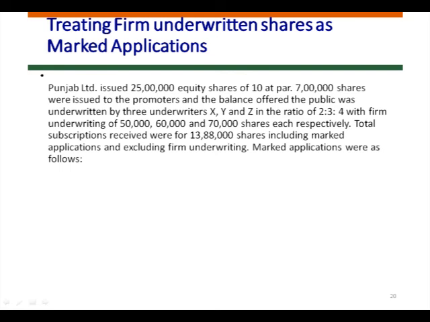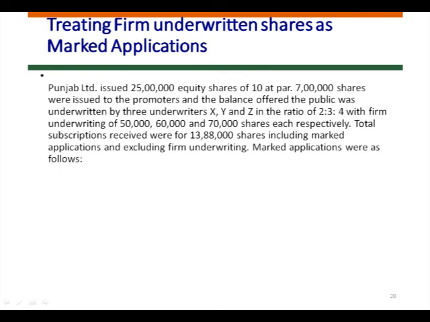Before discussing further, there are three things we will notice. Number one, 25 lakh minus 7 lakh, 18 lakh shares are with the underwriters. Number two, their obligation is in the ratio 2:3:4, and there are firm underwritten shares also, that is 50,000, 60,000 and 70,000.